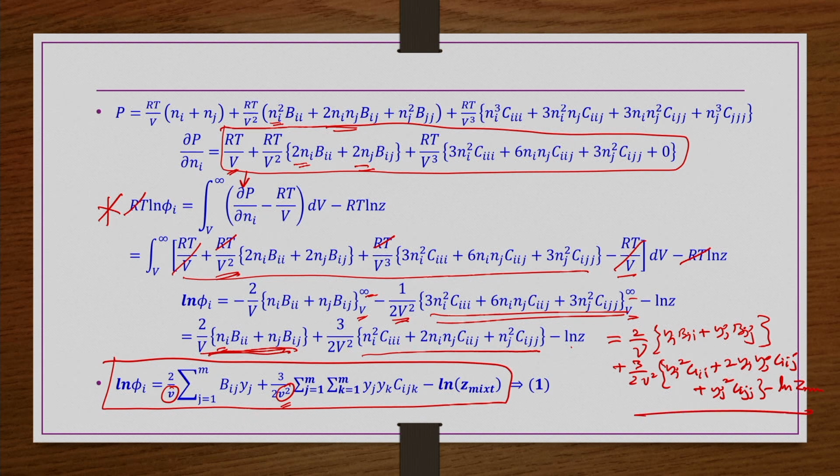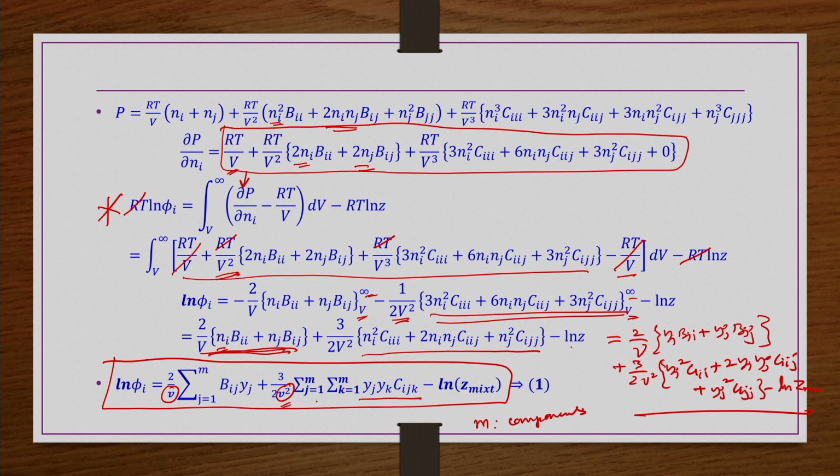If you write it for a multi-component system, the first term would become 2 by V as it is, sigma Bij Yj, j changing from 1 to m, if there are m number of components. Similarly, the second term 3 by 2 V square would be as it is, and then sigma j equals 1 to m, sigma k equals 1 to m, Yj Yk C I j k, minus ln z mixture.